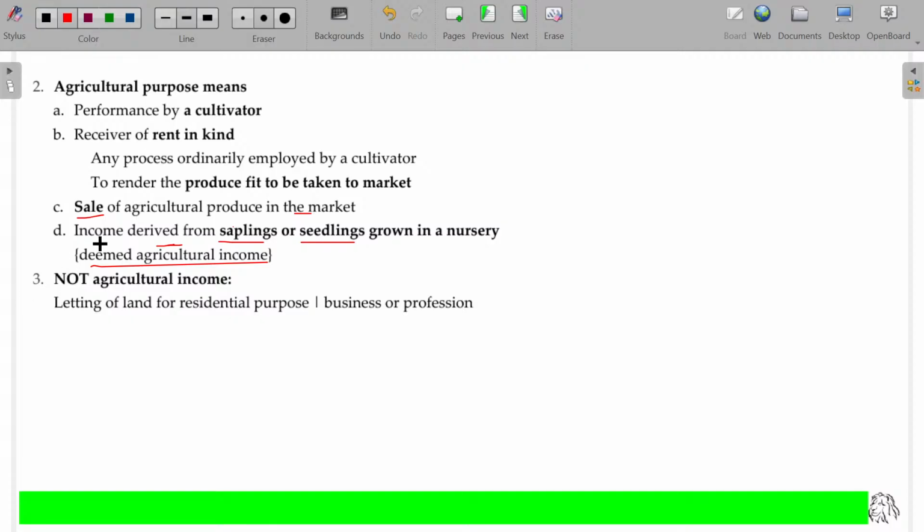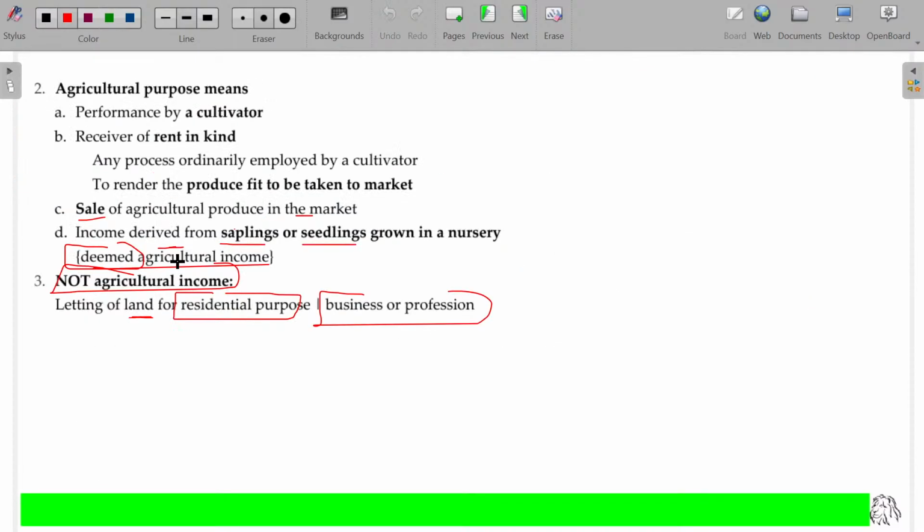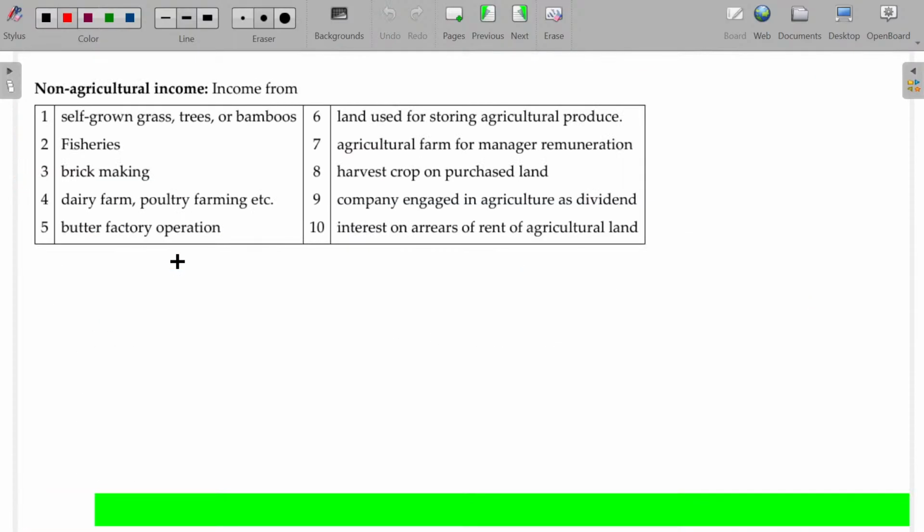The term deemed means you can assume. May not be, but you can assume so. But letting out the land for residential purpose or business or profession is not agricultural purpose or agricultural income. Is that clear? Hope you now understand what falls under agricultural income.